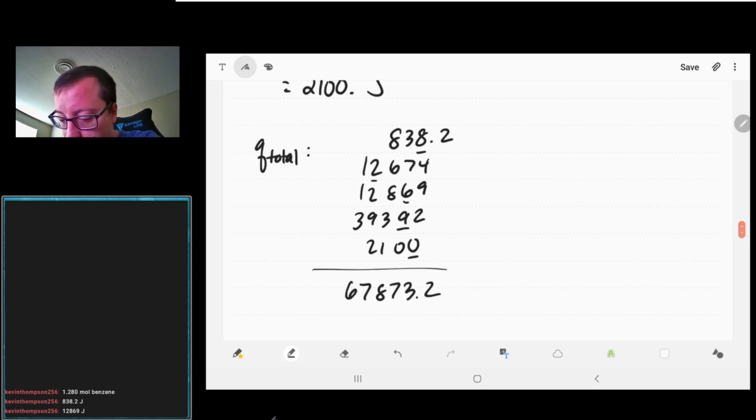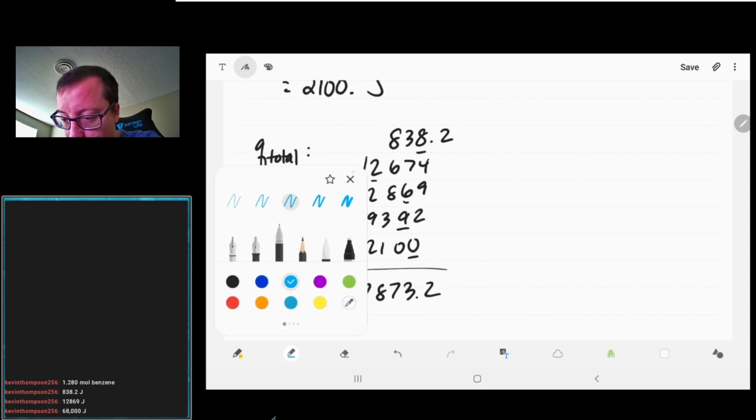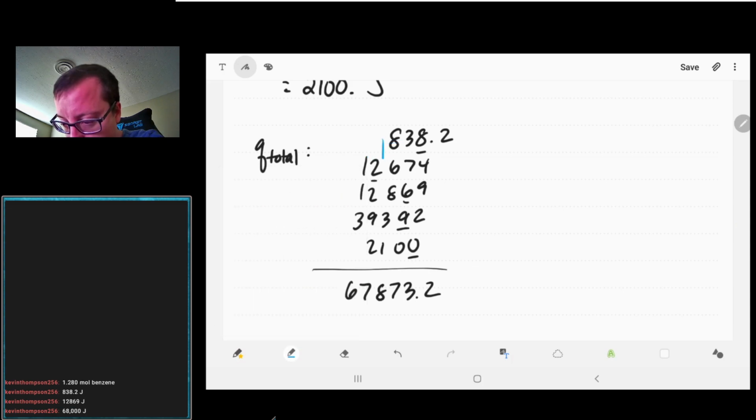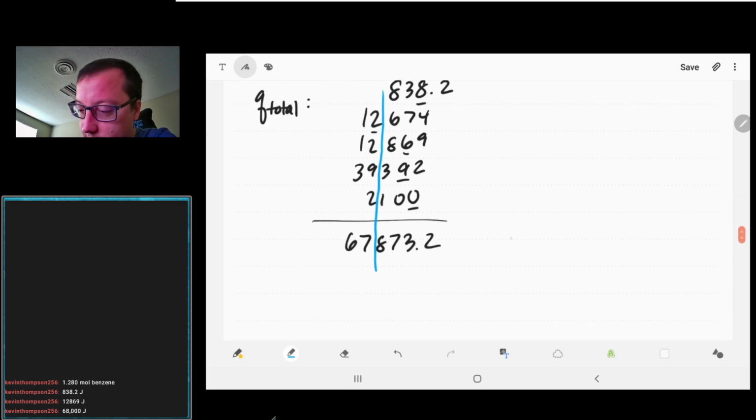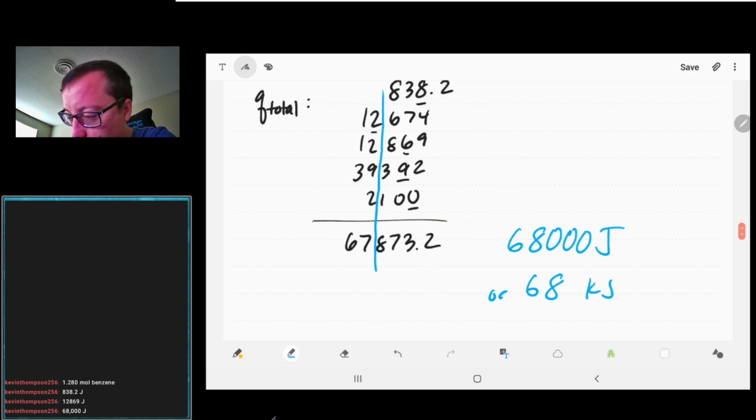And it looks like we're going to want to cut our number off over here. And so we should round this to 68,000 joules or 68 kilojoules. Awesome. Even with sig figs. Very nice, Kevin. Woo, we did all that work for some reason. So there we go.